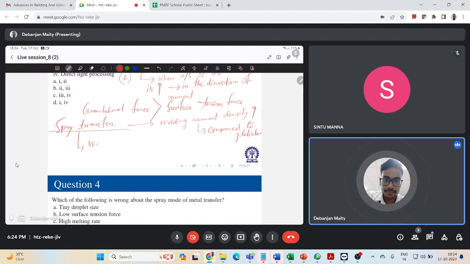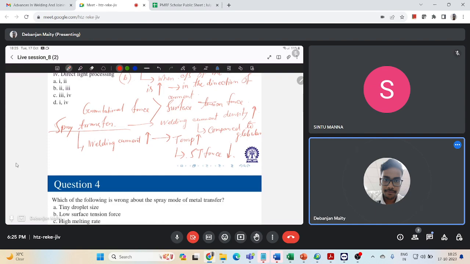So the welding current is high. That will affect your temperature, and that will affect your surface tension force.